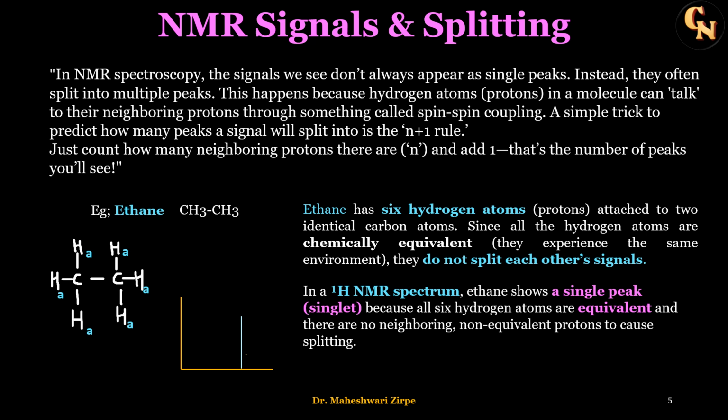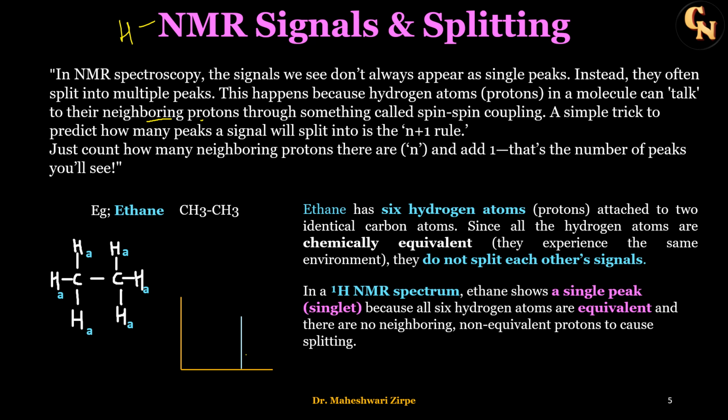So basically what is happening is that these protons or hydrogens in the organic molecule are going to have some interaction with the neighboring proton. So children, you have to always keep this in mind: NMR spectra where we are considering HNMR indicates proton NMR.